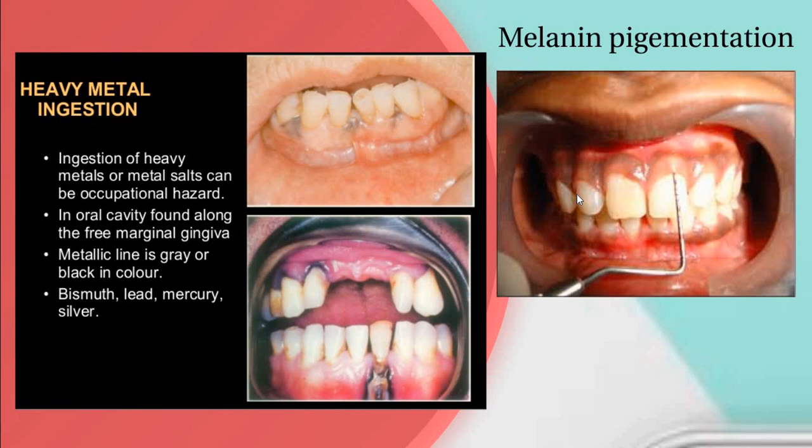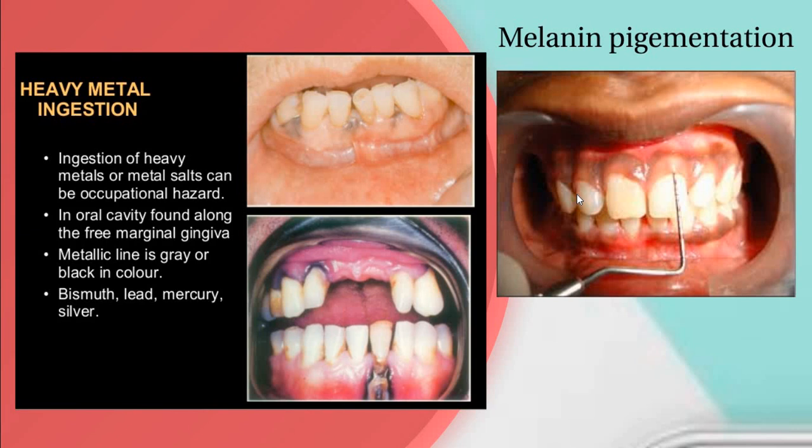Also, there are some other diseases that produce melanin pigmentation, like Peutz-Jeghers syndrome and Albright syndrome. These diseases may involve not just the gingiva, but also the lip and oral mucosa.